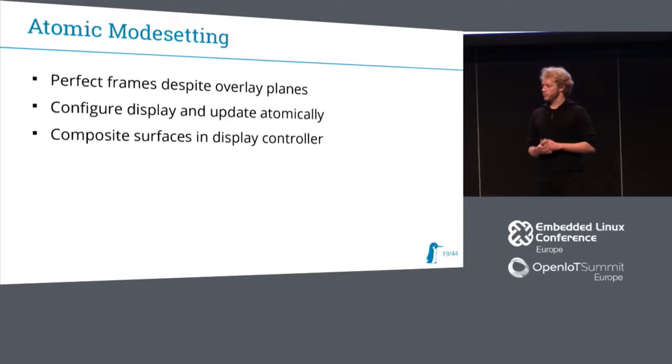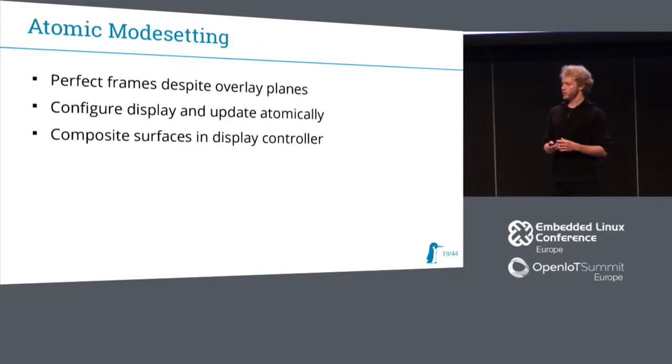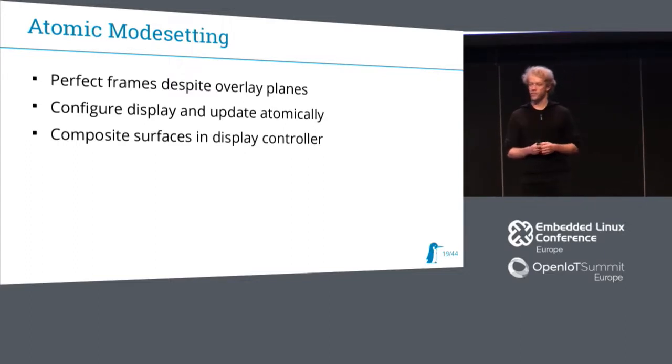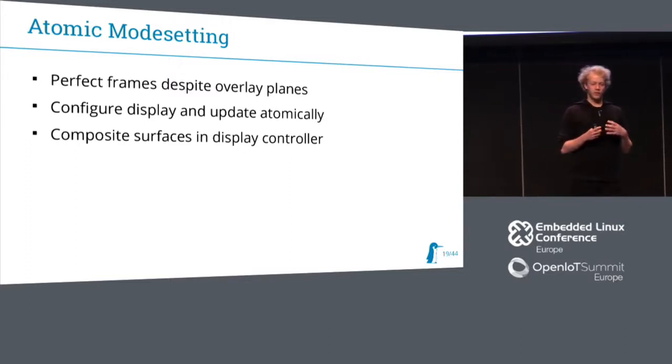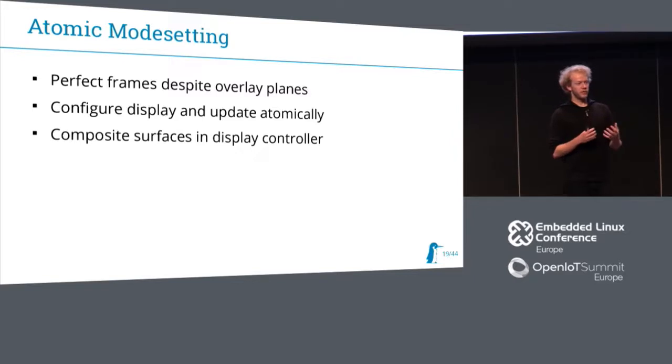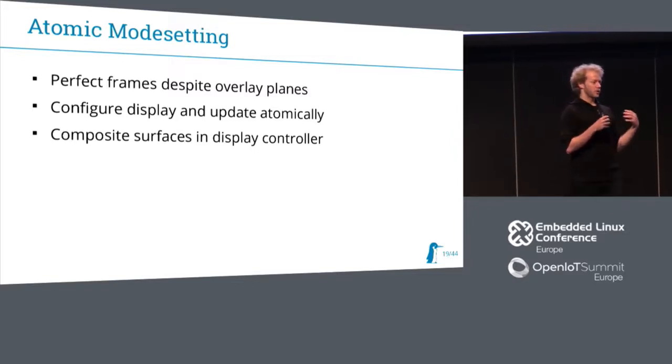A second abstraction is the atomic mode setting. If you want to use overlay planes of your hardware and you put your frame on one after the other, you might get in-between states where you have the old state on one plane and a new state on the other plane.